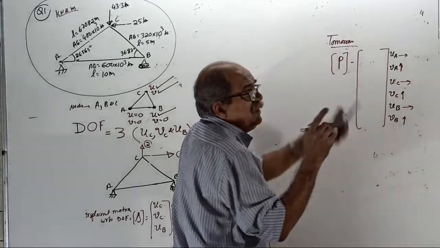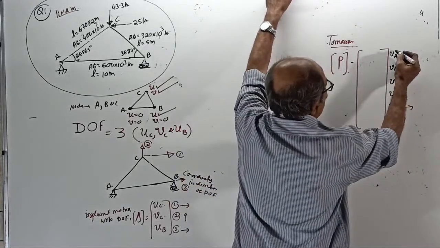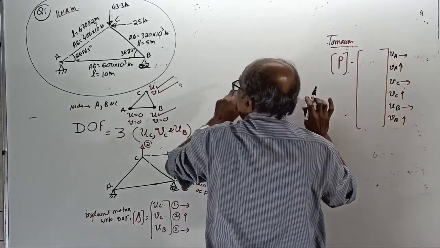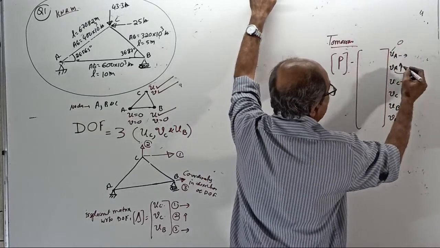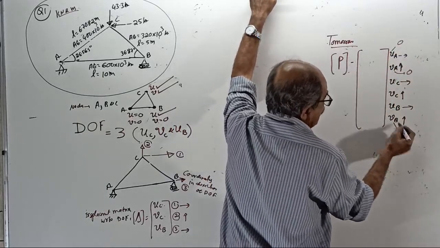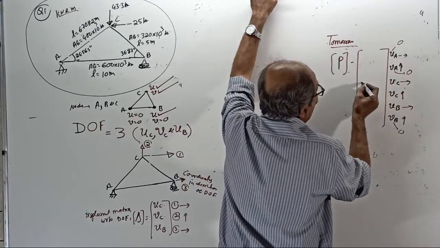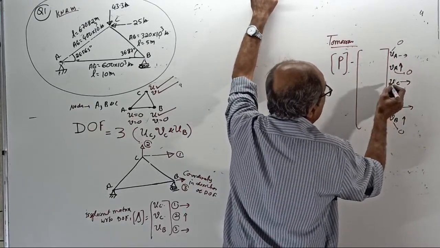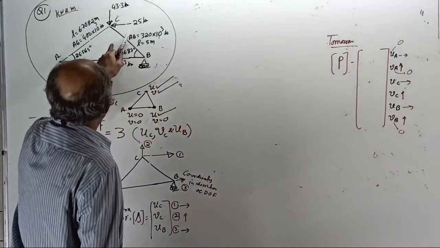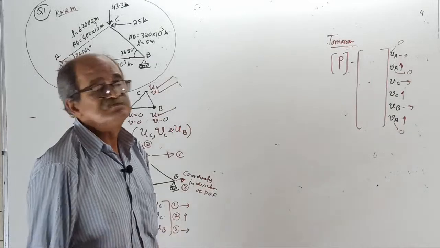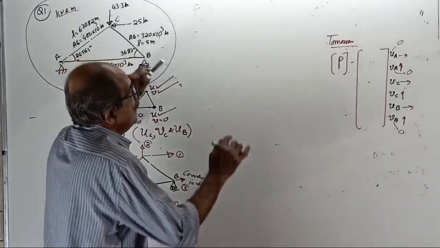Tell me now, UA is not required because by degree of freedom, UA is 0, VA also is 0, and VB also 0. So tell me, tomorrow, what force will I enter with respect to U at C? See the sketch and tell me.